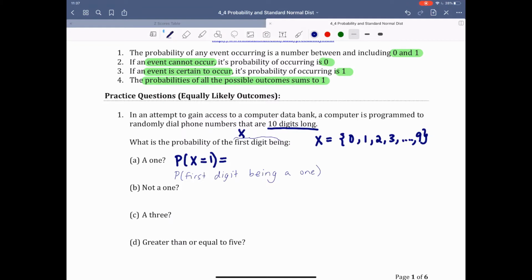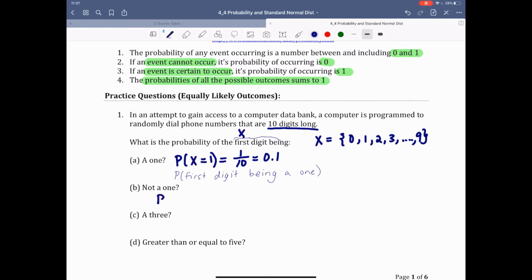So we can just use X throughout our solutions. Okay, so we know that there are 10 different choices. And so we have 1 out of 10 or 0.1 for the probability that the first digit is 1. Next, we want to know, what is the probability that the first digit is not a 1?